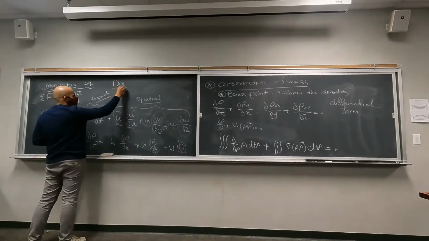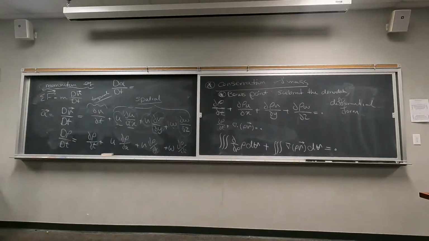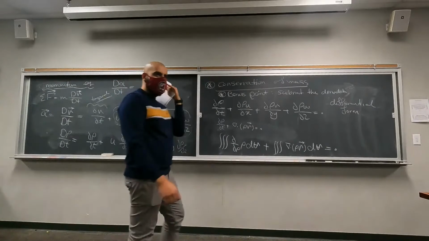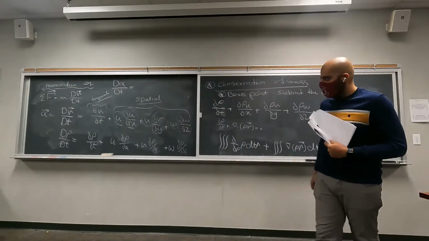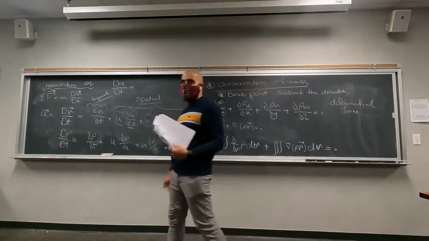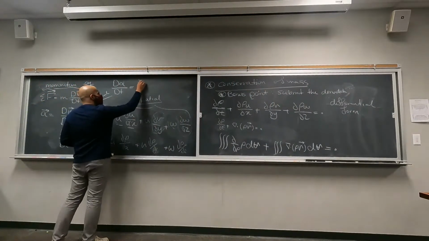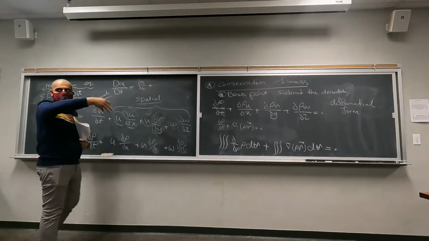Let's call it alpha, whatever. What is the total derivative for this alpha variable? Anyone? Can you say it? Partial alpha, partial t, so that's the temporal change, right?